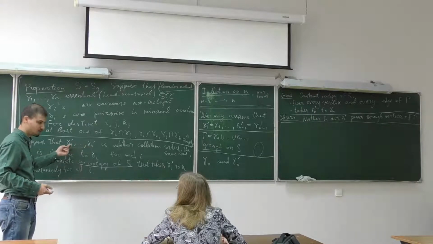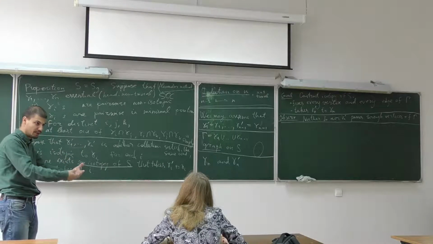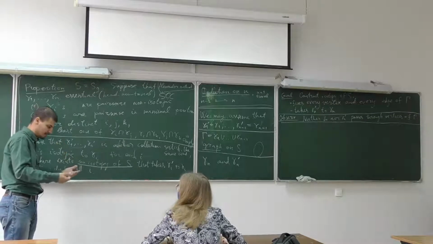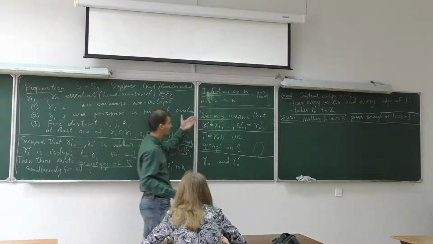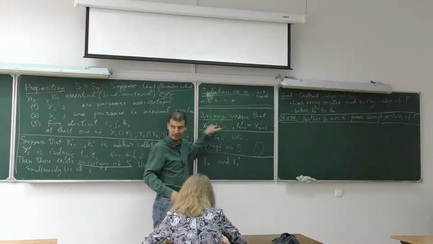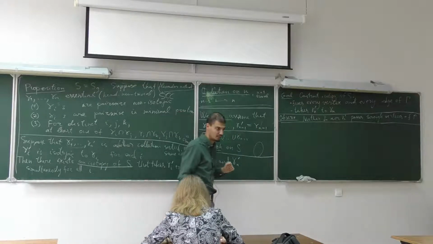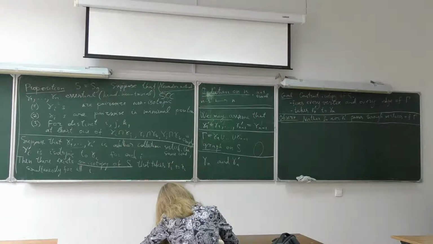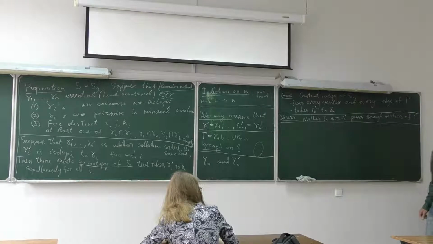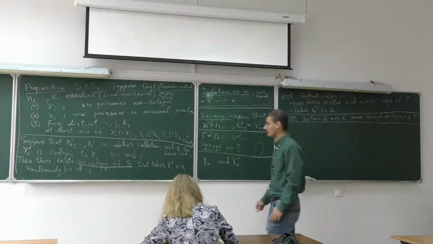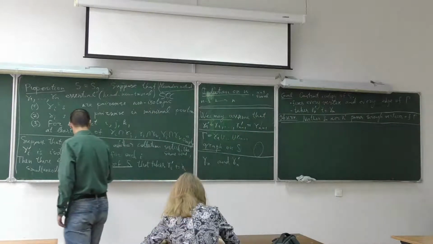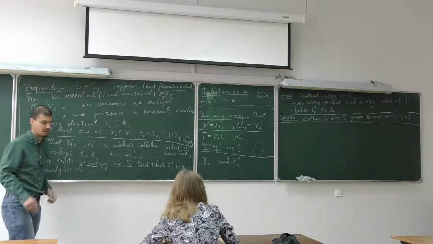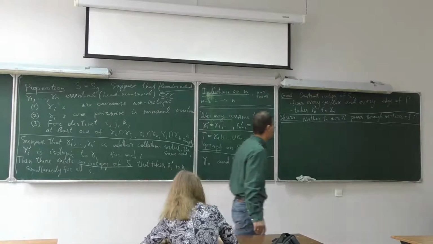I said that I have already performed an isotopy for the first n minus 1 curves, and the general case was reduced to the case when the first n minus 1 curves coincide. Then this is okay. Yes, the isotopy was also applied to gamma n prime, but this condition doesn't change under the isotopy, so it's okay.